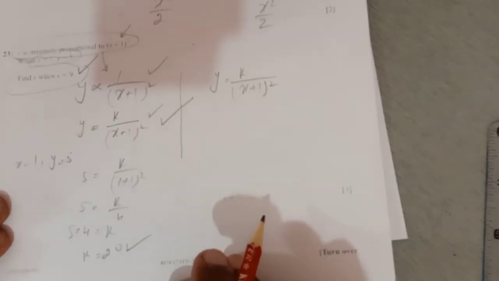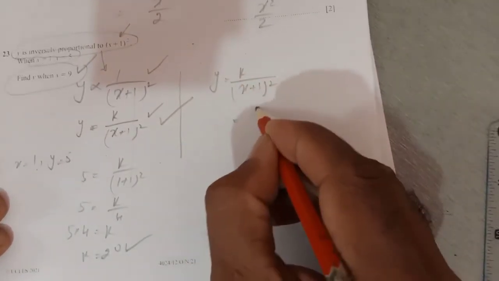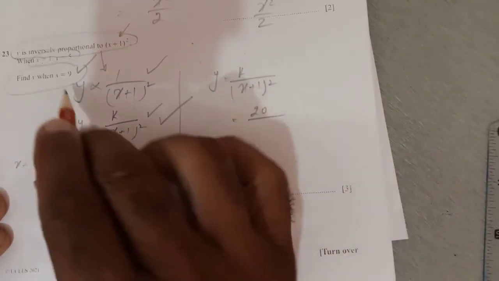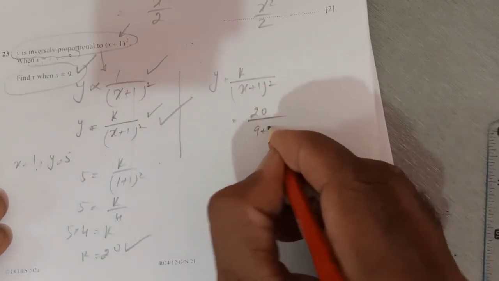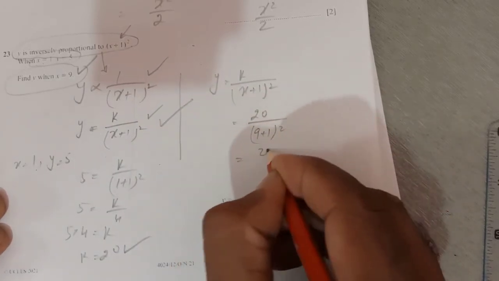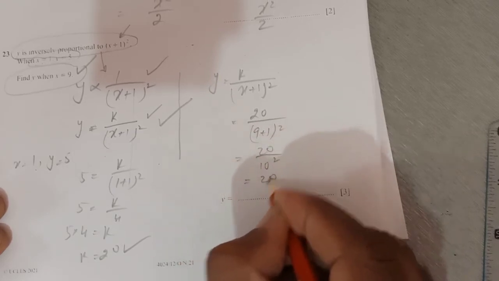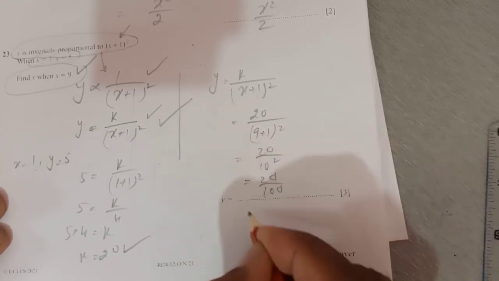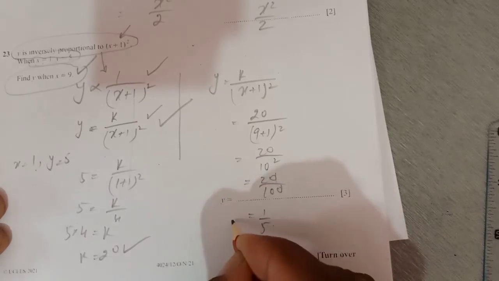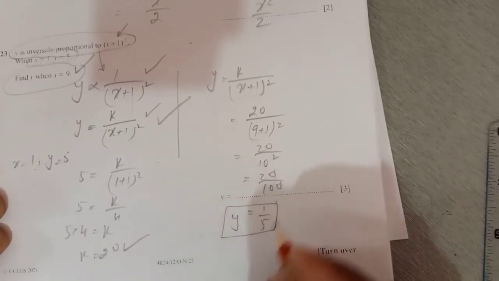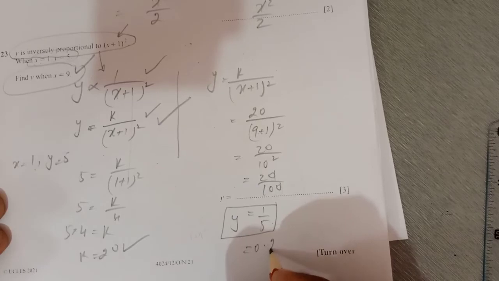So I write 20 in place of k and 9 in place of x. So 20 over 9 plus 1, which is 10. 10 squared is 100. The answer would be 1 by 5. So y has value equal to 1 by 5 or 0.20.